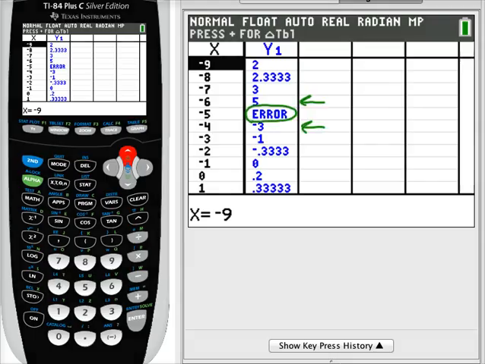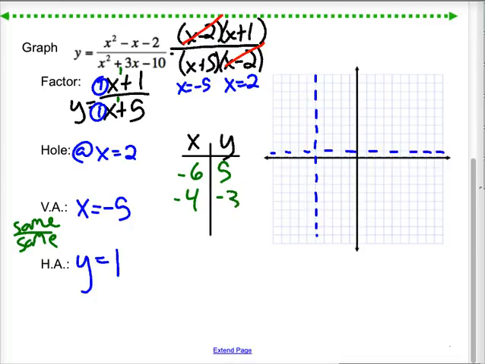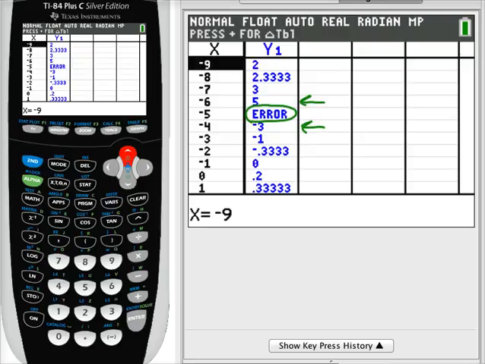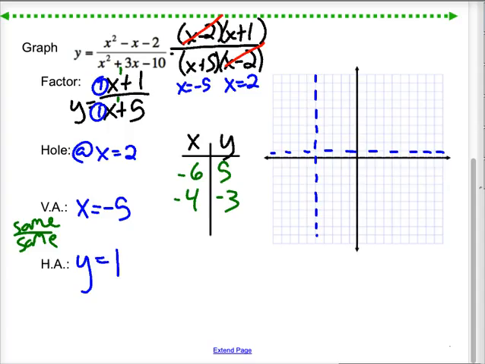And negative 4, negative 3. Wait, did I write that down wrong? No, okay. So negative 6, 5, and negative 4, negative 3. And then I can sketch it in.